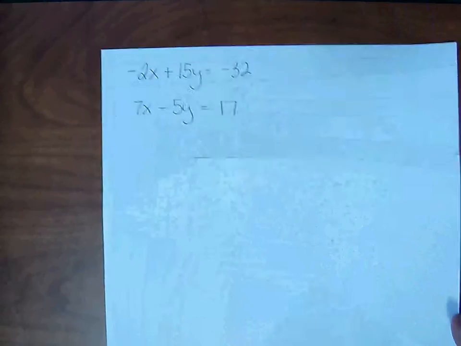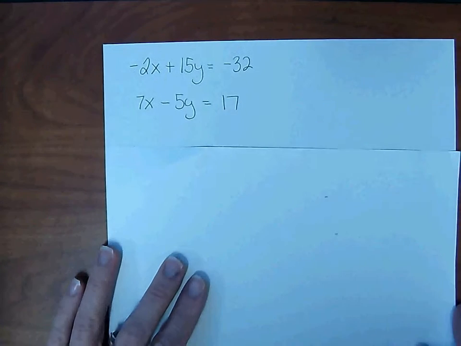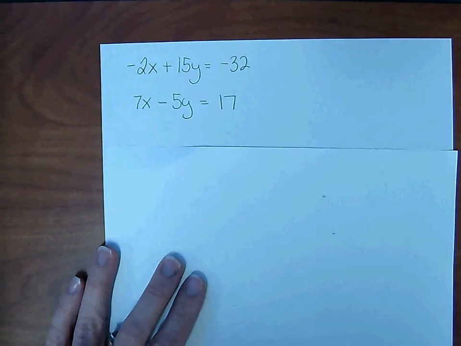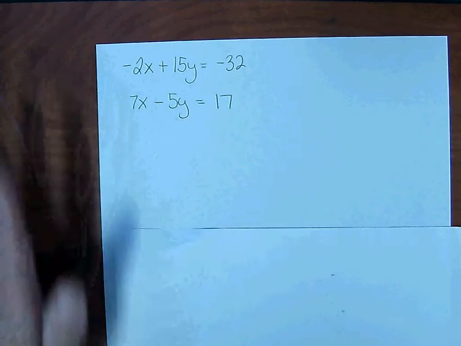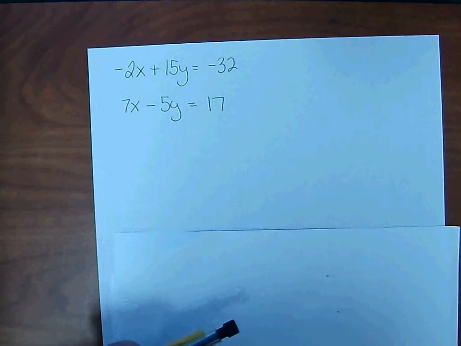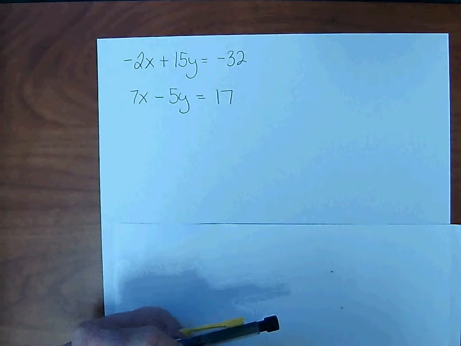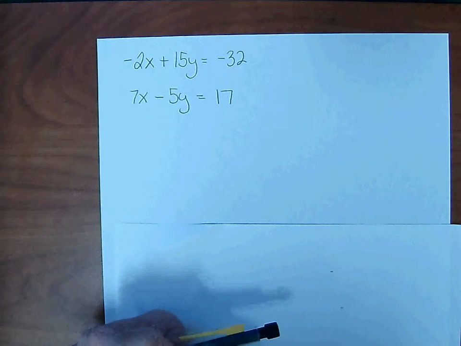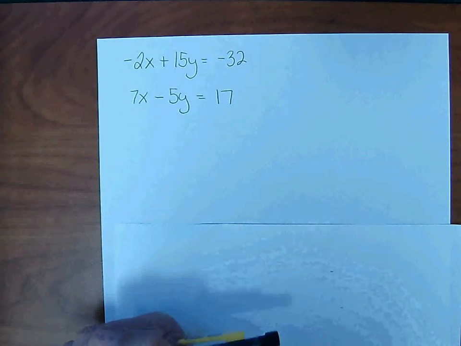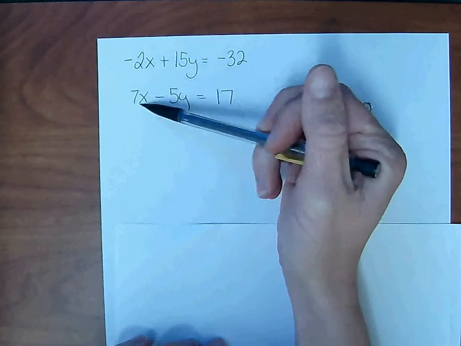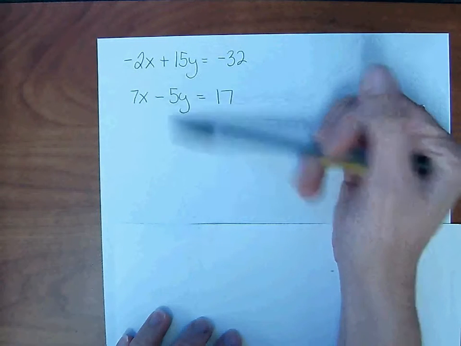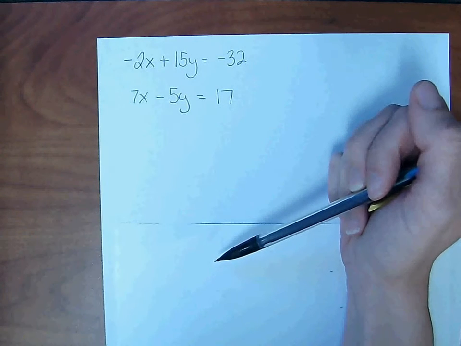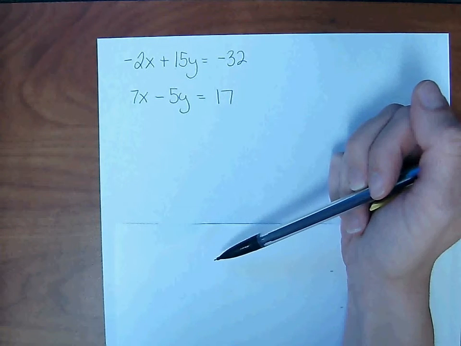Our next system: negative 2x plus 15y equals negative 32, and 7x minus 5y equals 17. None of these coefficients are opposites. However, we do notice that they have opposite signs. The x's in both equations, one's negative and one's positive, and for the y, one's positive, one's negative. So now we have a choice as to which variable we are going to eliminate.